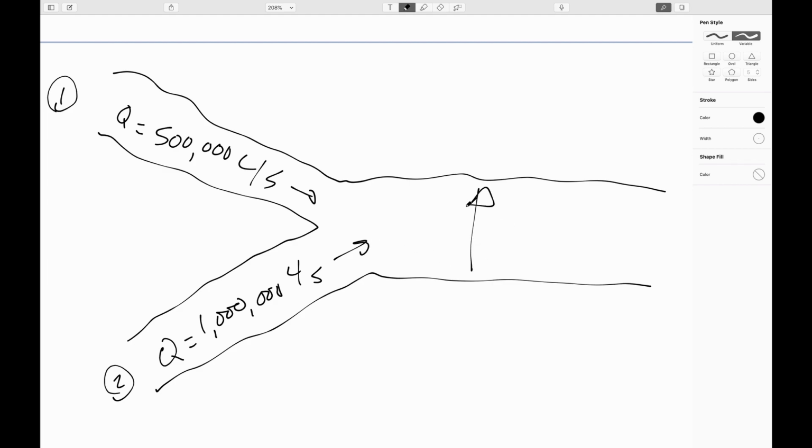Let's say over here the river is 150 meters wide, and that's 10 meters deep. And so we would ask, what is the speed of the current in river number 3?